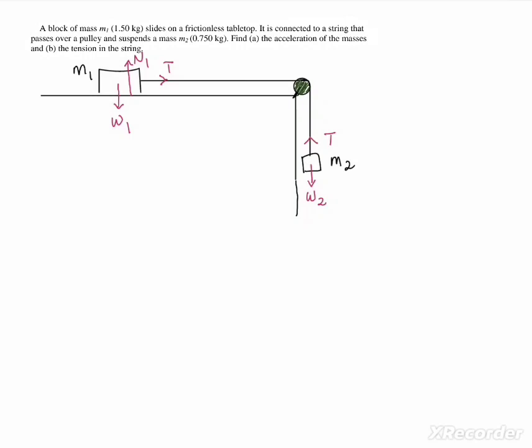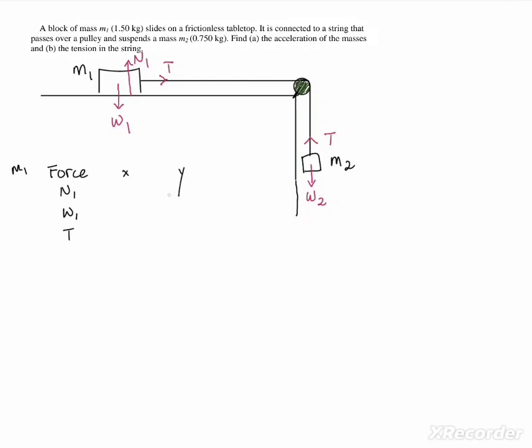So now let's go ahead and draw charts for each block. We have to draw a chart for each block. So if we look at M1, let's draw our force and X and Y components. So we have N1, we have W1, and we have tension.